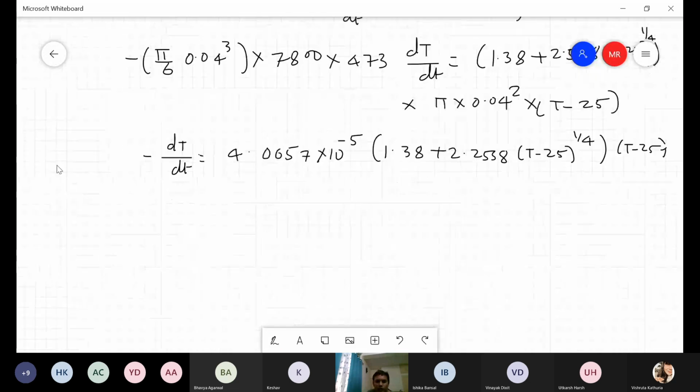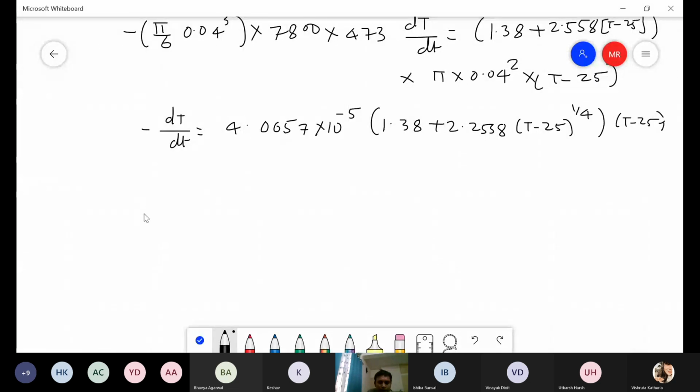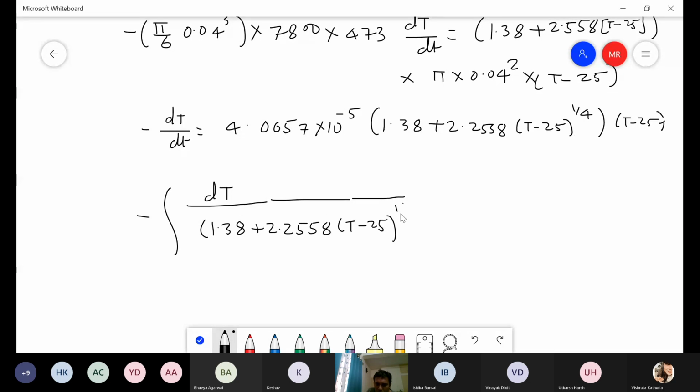So basically what we can do is integrate this as dT divided by all these terms, so that becomes 1.38 plus 2.558 (T minus 25) raised to the power 1 by 4, this bracket closed, and then there is another bracket which is (T minus 25).